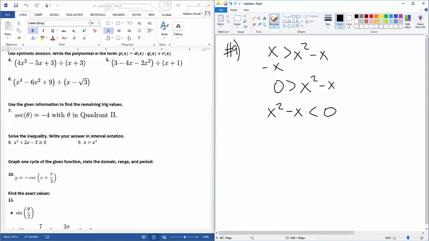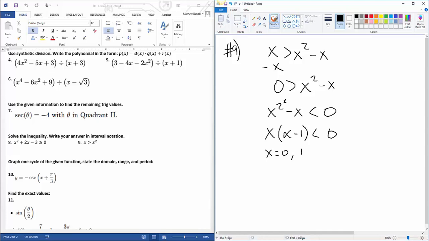Right, the inequality is still facing the 0, or how it opens up is still facing the 0, so I can rewrite it that way. But the way we solve quadratic equations, we can either try and factor it, or we can use the quadratic formula. Well, in this instance, I can factor really easy. So x equals 0 and 1.